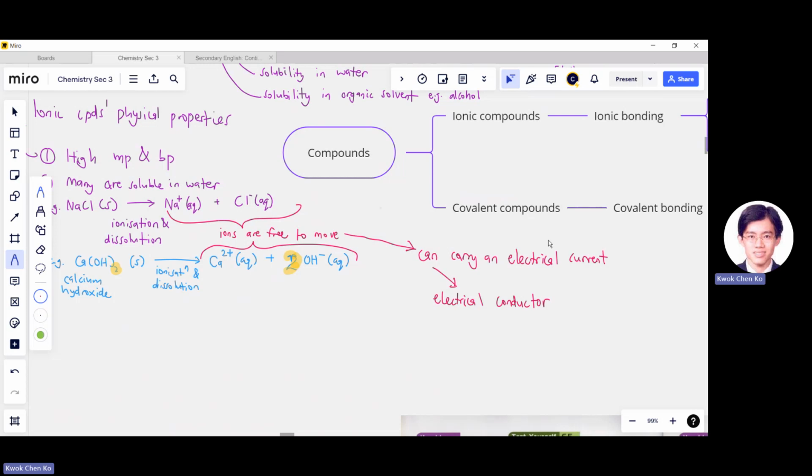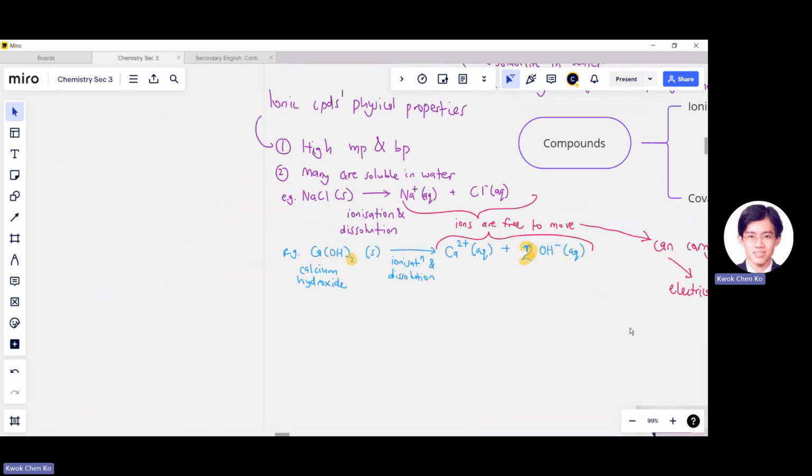By the way, electrical current, you haven't learned it in physics yet, or maybe you have last time in lower sec. Basically, it's the movement of charges. All right, so just to make your notes complete, I'll put number 3 here.